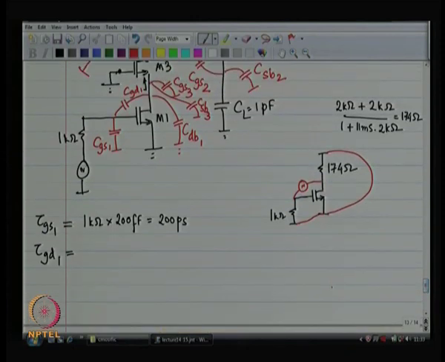So, if I redraw the circuit with ground at the gate, then what I am going to be getting is something of this fashion.